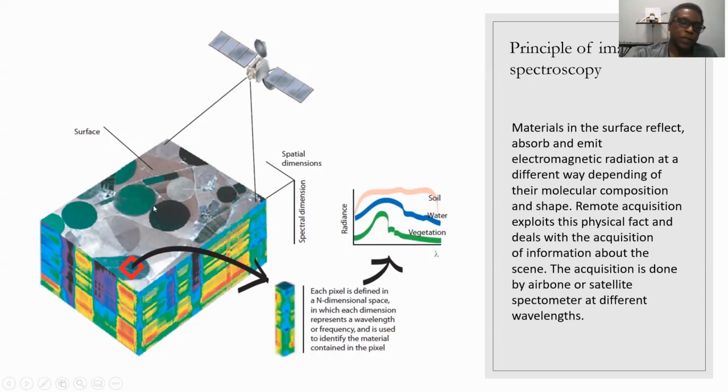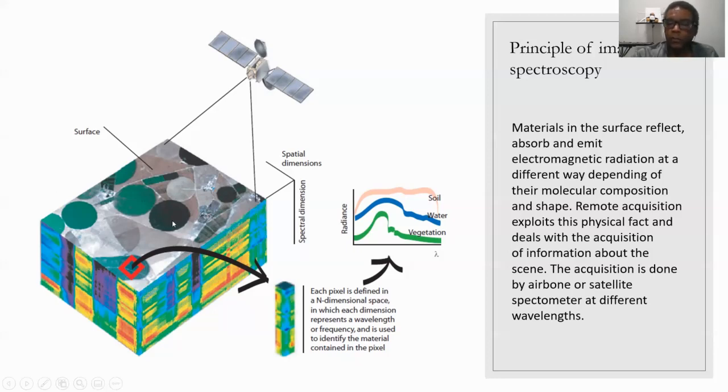This is the representation of materials or objects on the surface. Materials on the surface reflect, absorb, and emit electromagnetic radiation in different ways, depending on their molecular composition and shape, as we can see here in the figure.